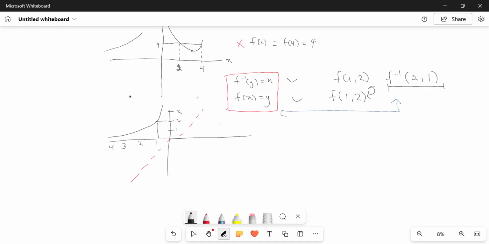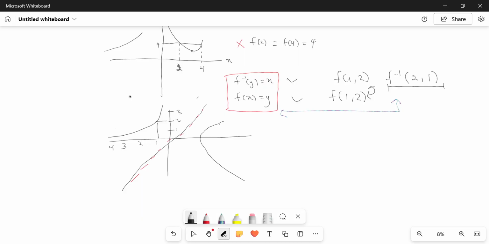So the inverse will give you something like this. This is your mirror, and your function and its inverse should be directly mirror images of each other. Hope we get a link. This is the graphical representation of a function and its inverse.